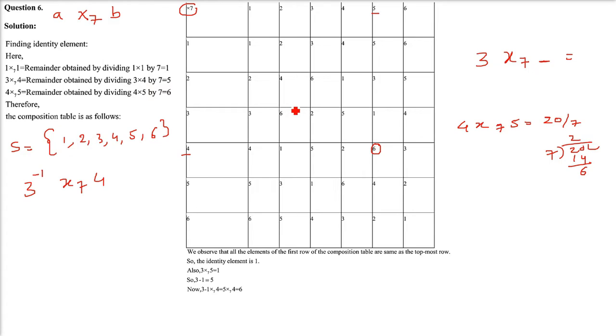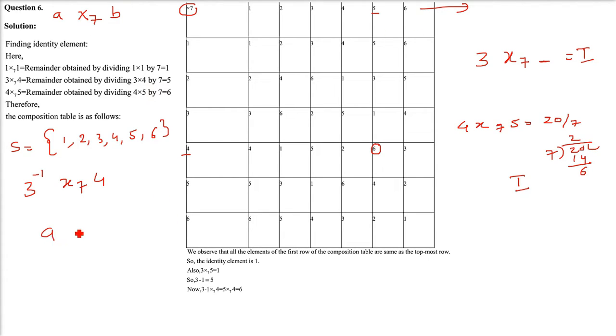Okay. Now coming to the identity element. What is the identity element? Just see the rows. What are the rows which are common to the first one? If you see, the first and second row are the same.